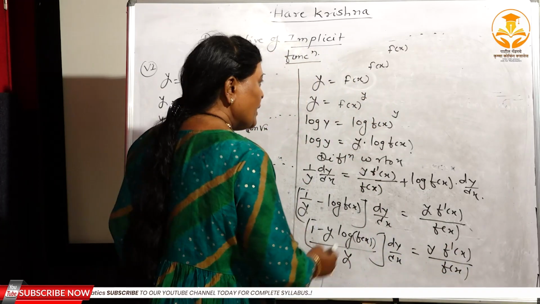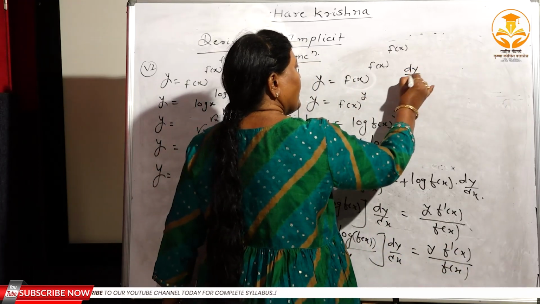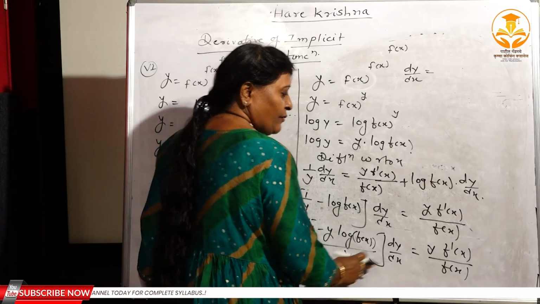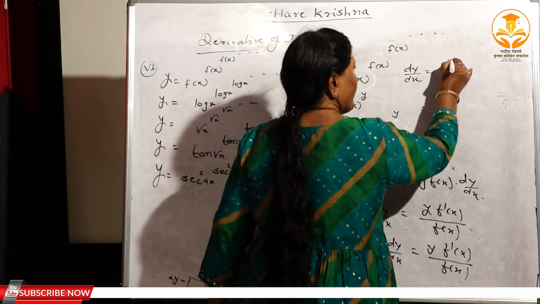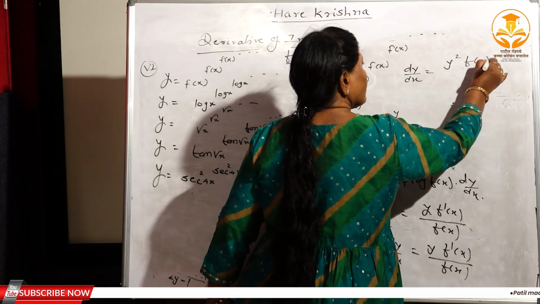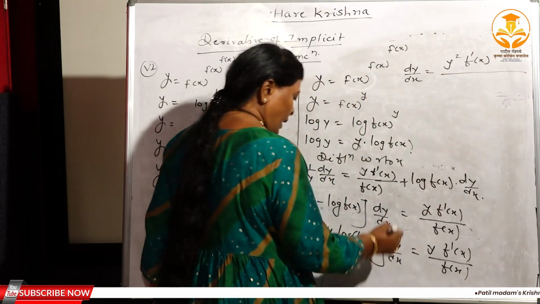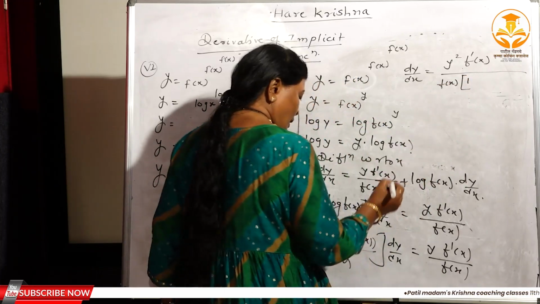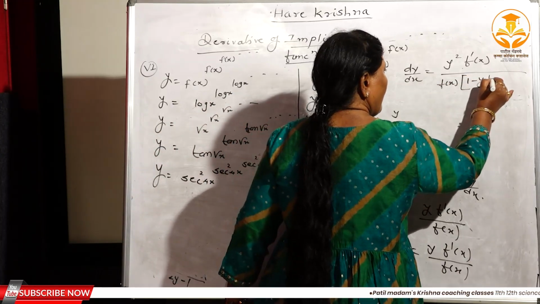So here the result is dy by dx is equal to, now you can multiply with y, y square, f dash x divided by f of x, and in bracket 1 minus y log of f of x.